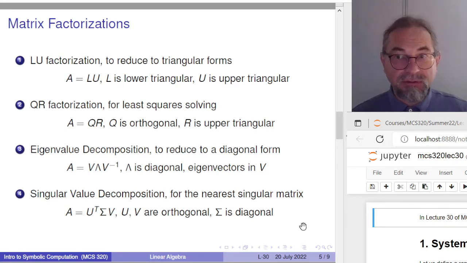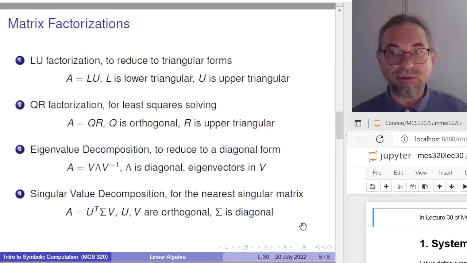So in a computer algebra system like SageMath, these four factorizations are available, and we typically work over fields, and the default field is the field of rational numbers. We will see that continuing to work with the rationals leads to expression swell. In particular, the numbers are getting quite large.